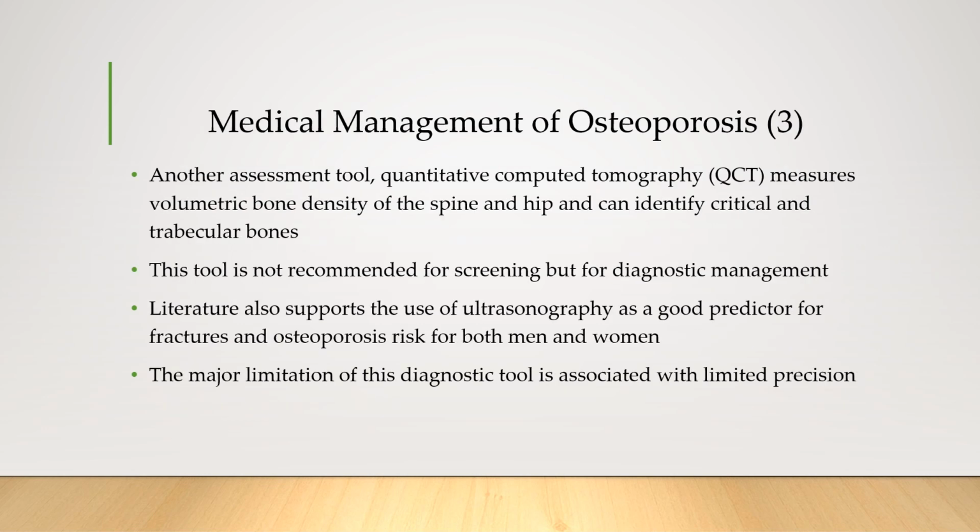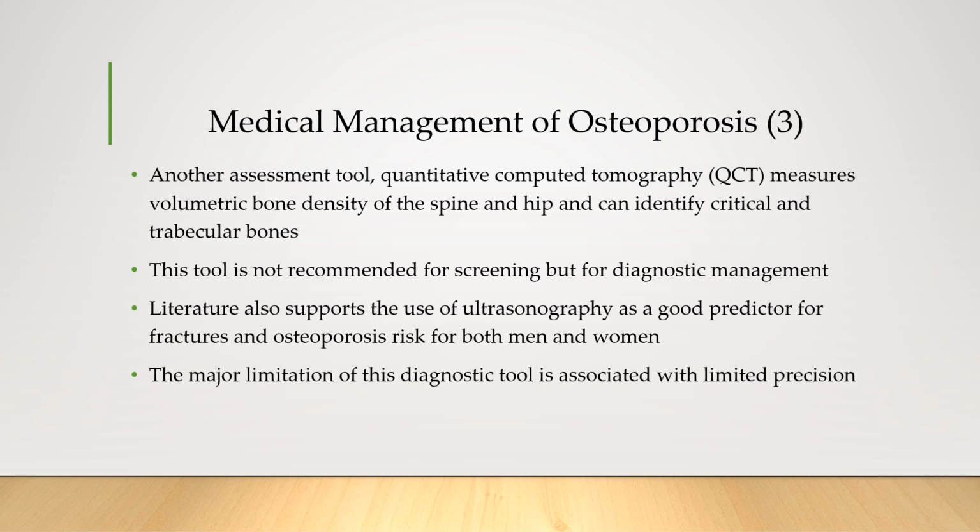Another assessment tool, quantitative computed tomography, otherwise known as a QCT, measures volumetric bone density of the spine and hip and can identify cortical and trabecular bones. This tool is not recommended for screening, but for diagnostic management. Literature also supports the use of ultrasonography as a good predictor for fractures and osteoporosis risk for both men and women.